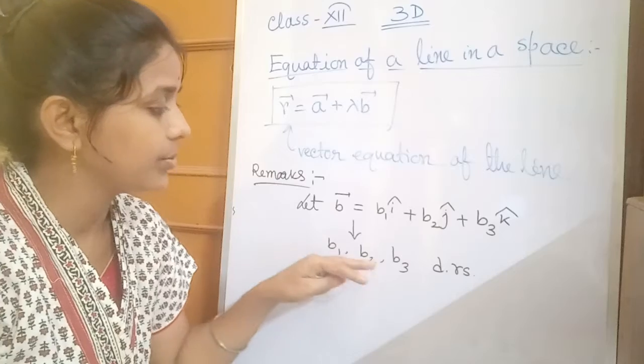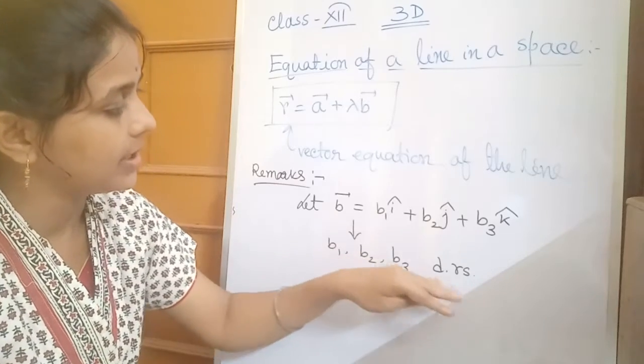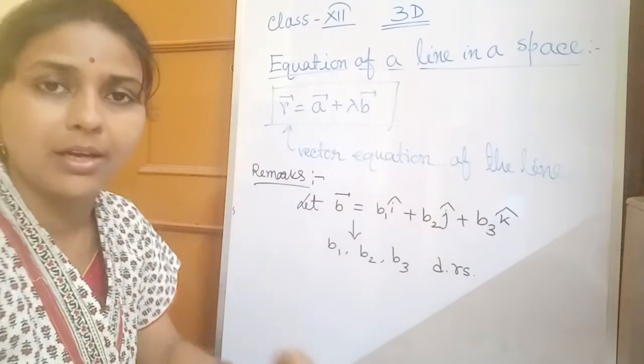So b1, b2, b3 will be the direction ratios of this line.